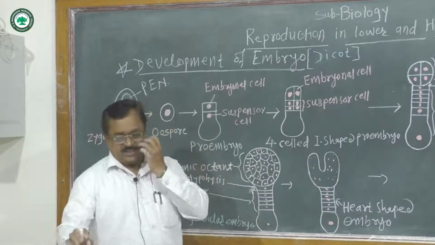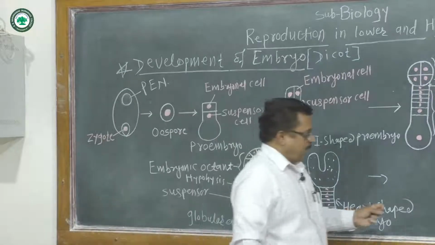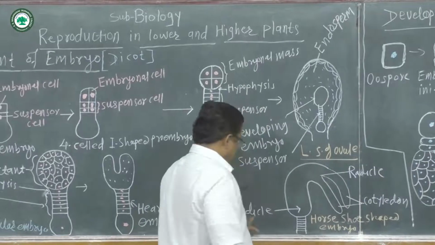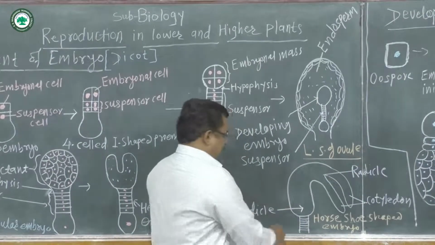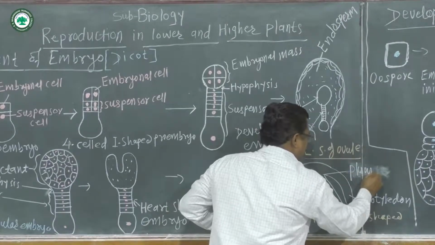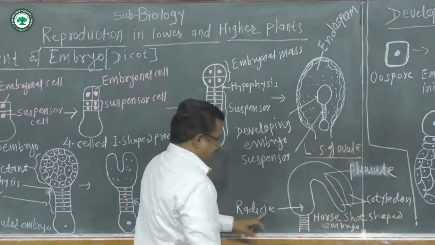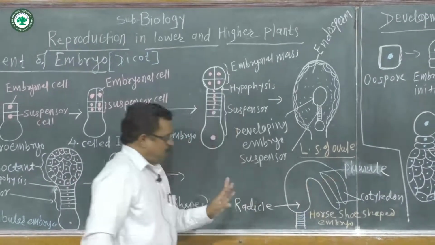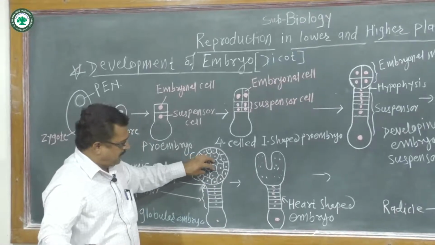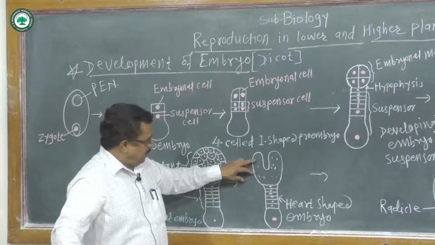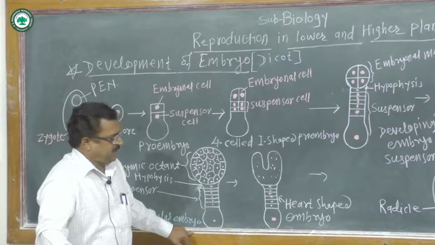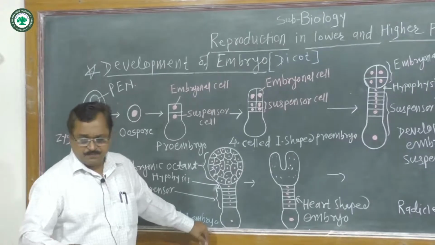The embryonal axis consists of the cotyledon, radicle, and plumule. In this way, from the inner cells of the embryonal mass, the horseshoe-shaped cotyledons and the embryonal axis are developed.